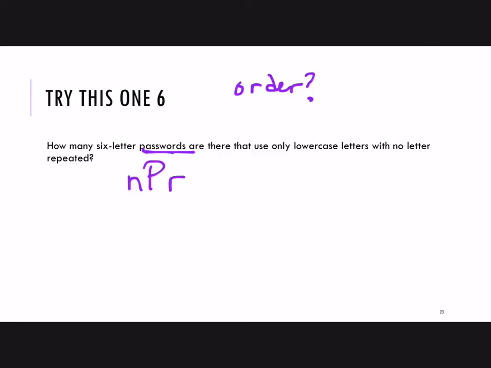So then we need to decide how many options there are possible, and then how many we're going to choose. It's a 6-letter password, so we're choosing 6 letters. And how many options do we have to choose from? Well, we're using lowercase letters with no letter repeated. This problem's written in English, so we'll assume that this is the English alphabet, and that means that there would be 26 letters to choose from.